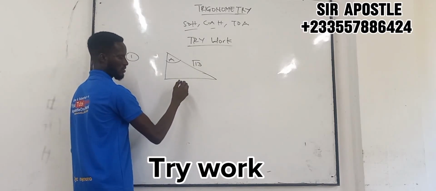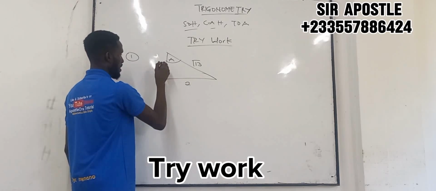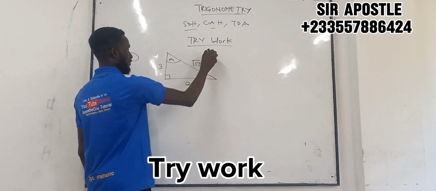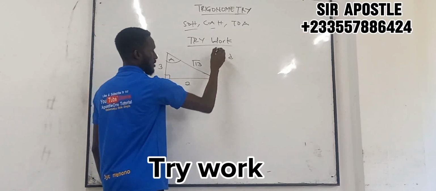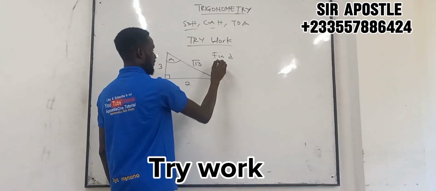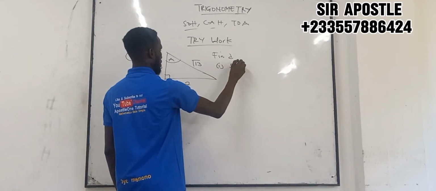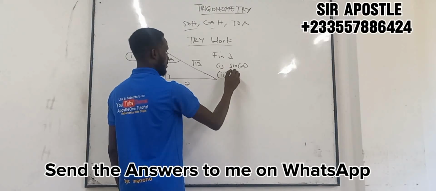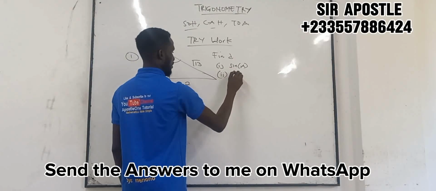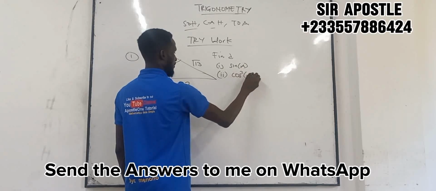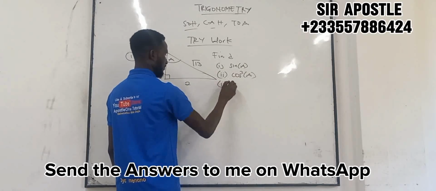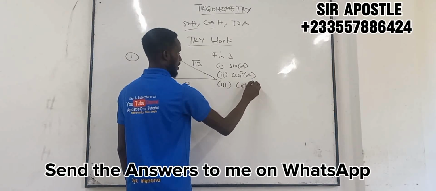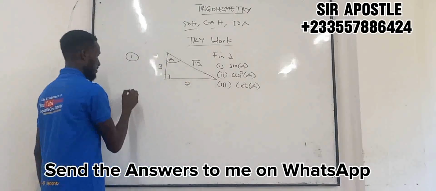Here is 2, and this side is 3. Find: part 1, sine A; part 2, cos squared A; part 3, cot A.